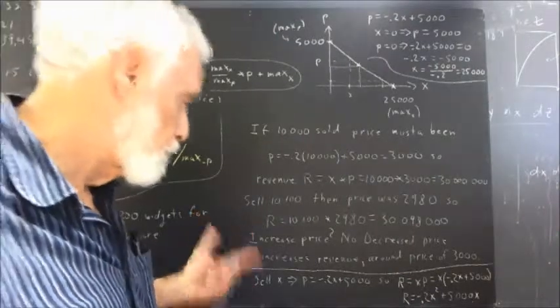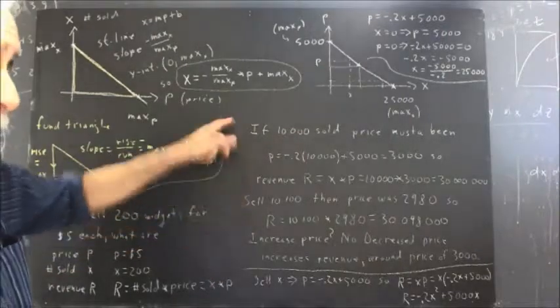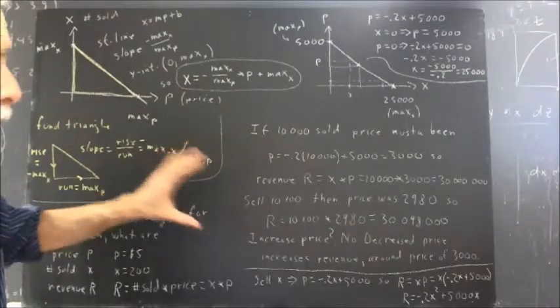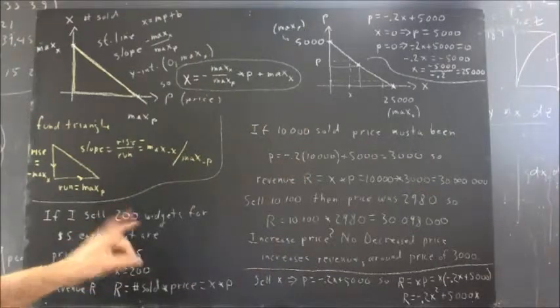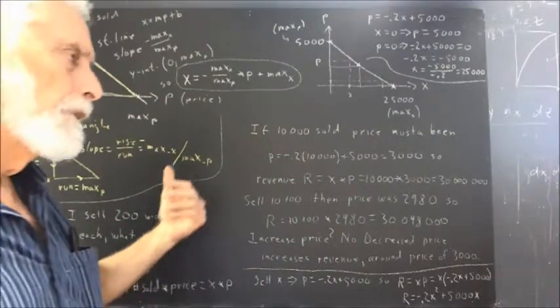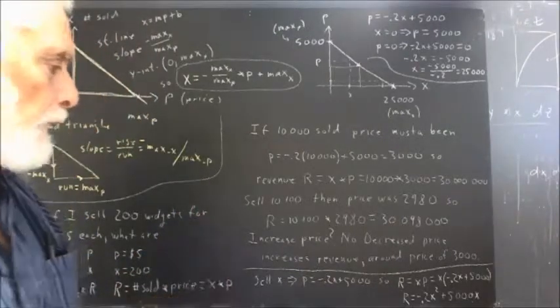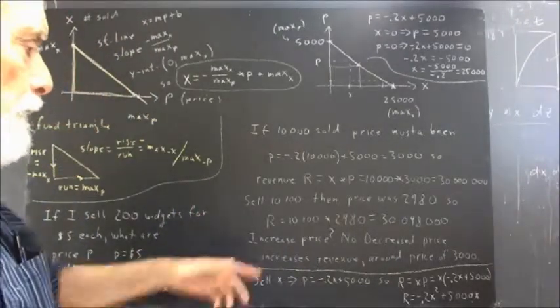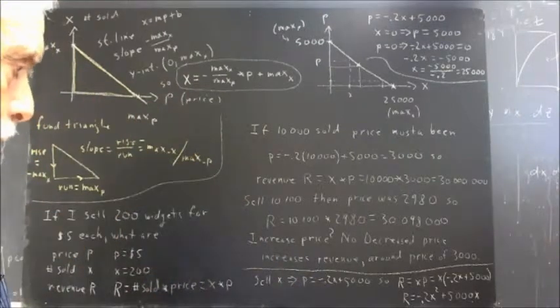Okay, so this is just an exercise in getting the feel for this type of situation. What we really want is a symbolic expression that gives us our revenue in terms of the number sold or in terms of price, depending on which way we want to look at it.